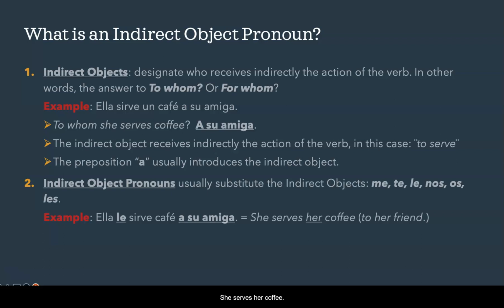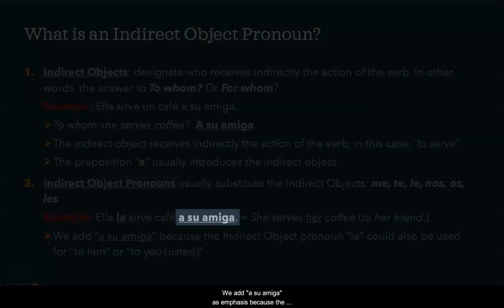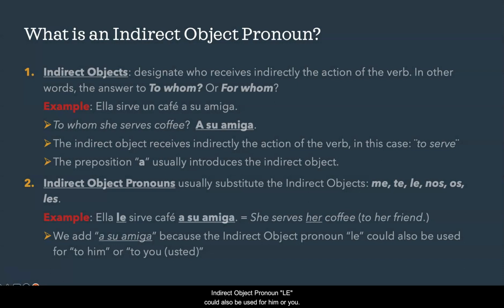She served her coffee. Her, in this case, obviously, we are talking about her friend. Le substitutes friend. We add a su amiga as emphasis because the indirect object pronoun le could also be used for him or you, usted. So it's important to clarify.